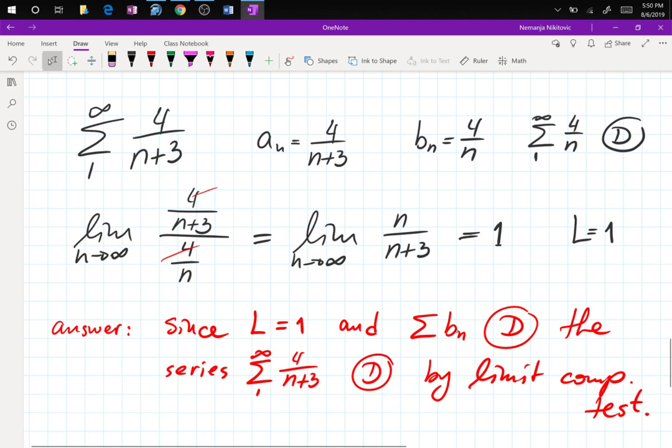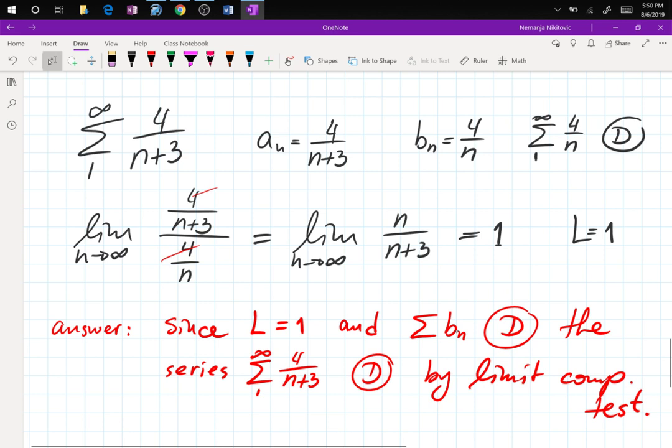Limits can be tough to solve, right? So sometimes maybe your direct comparison is a good choice, better choice. But you know what? Limit comparison test works in 99% of the cases. So it's better if you know limit than direct. I mean, no, both, obviously, but limit one is the one that is used most of the time.